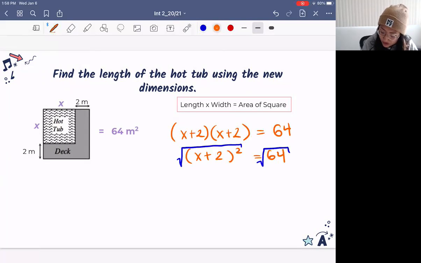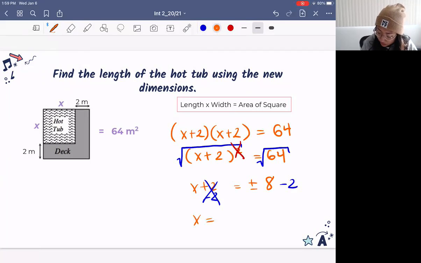And when I square root both sides, we have some things that cancel out like so. And I'll get x plus 2 equals positive and negative 8. Oh, not 64, I mean 8. Sorry. And then I'm going to move the 2 over by subtracting. And then I'm going to rewrite my problem.